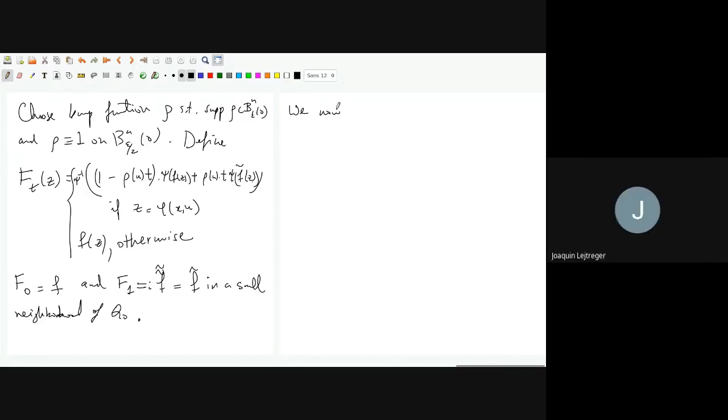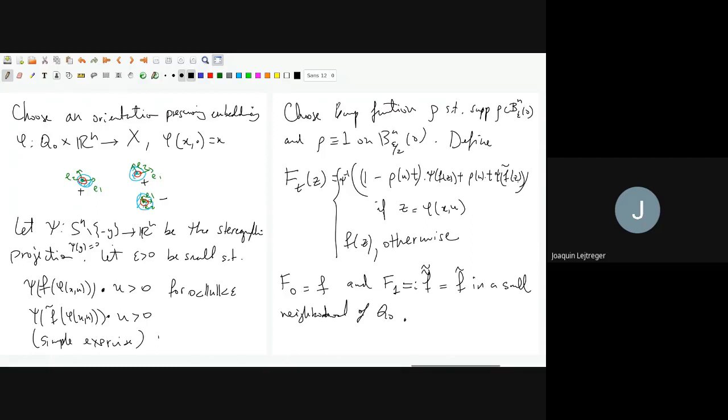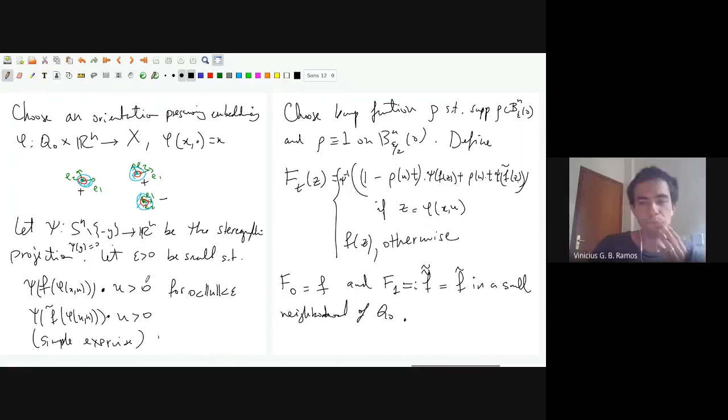I didn't understand the condition on the dot product of C with U. Why do you need that? You need that because you want this. Sorry, let me remember.